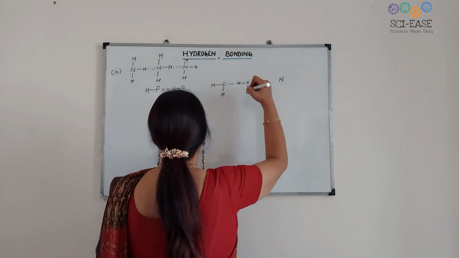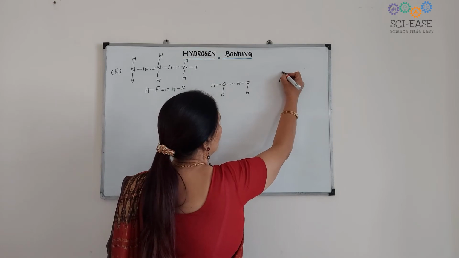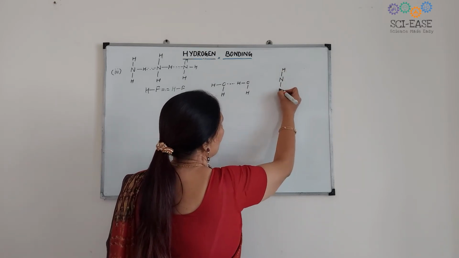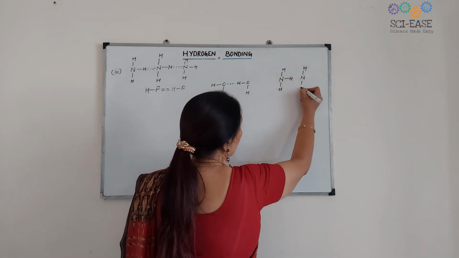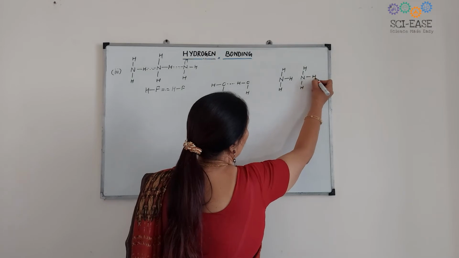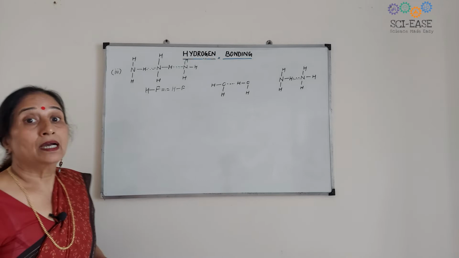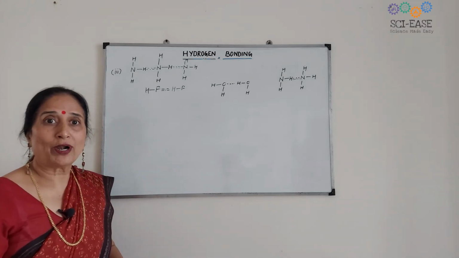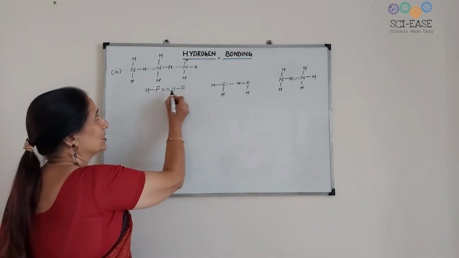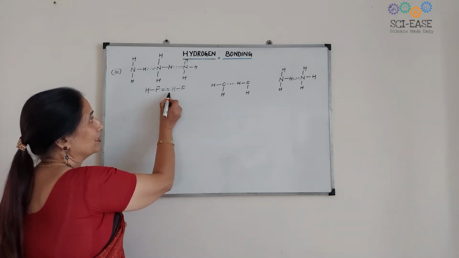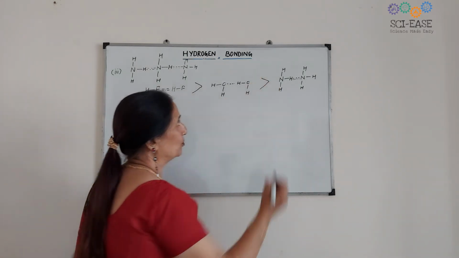Which one is stronger? This question can be asked: the bond between these molecules, which we say is intermolecular hydrogen bonding, which one is stronger? So HF will be stronger. In HF, the intermolecular hydrogen bonding will be stronger than water and ammonia.